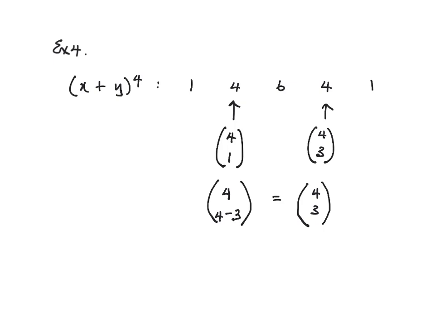Now, if we write that in a general form, so n, let's start with this one over here. So that would be n choose r, and that's the same as n choose n minus r. That's something that you might want to write down in your notebook.